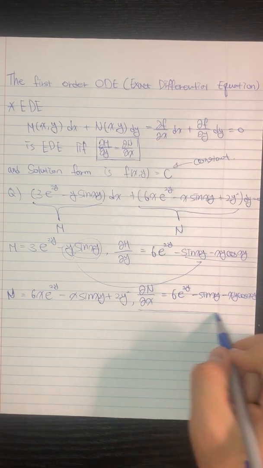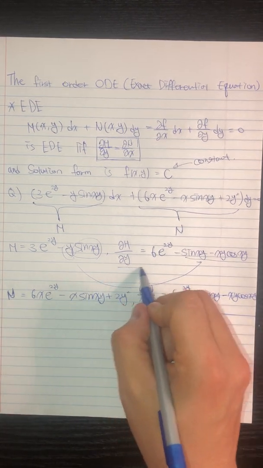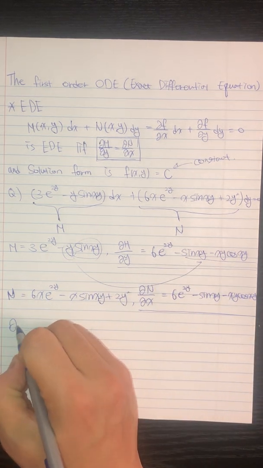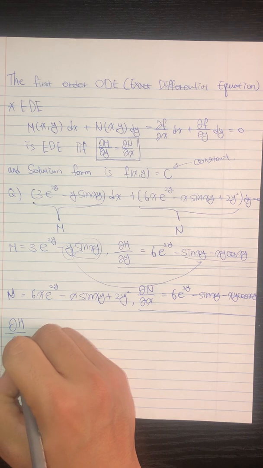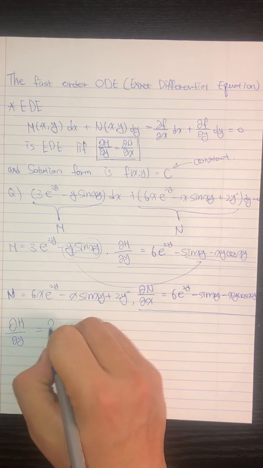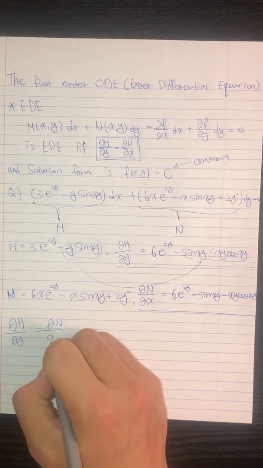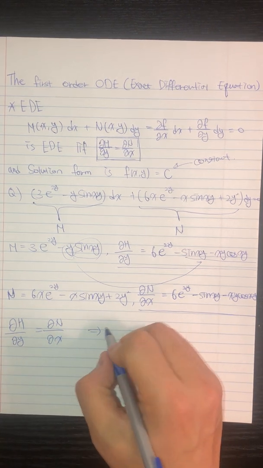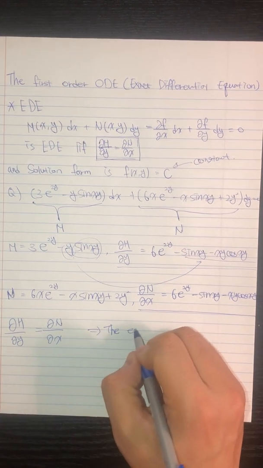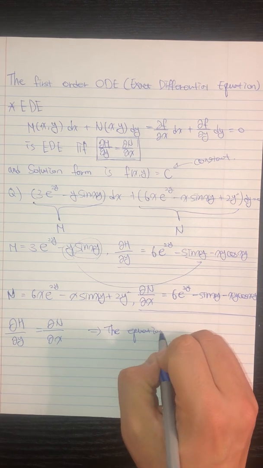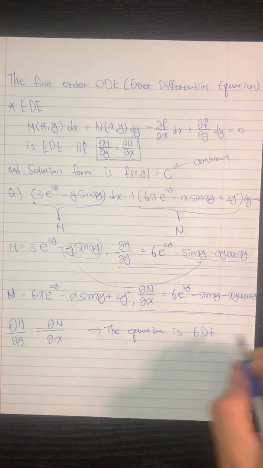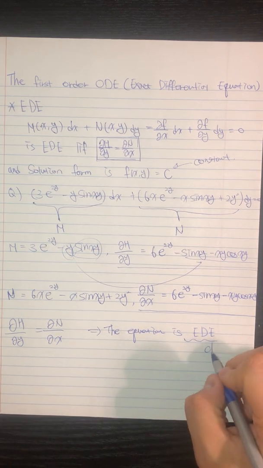And this result is exactly the same as that result, which means that ∂M/∂y equals ∂N/∂x, exactly the same. So the equation is an exact differential equation. Checked.